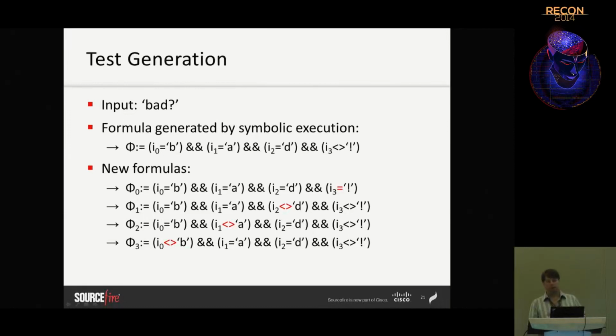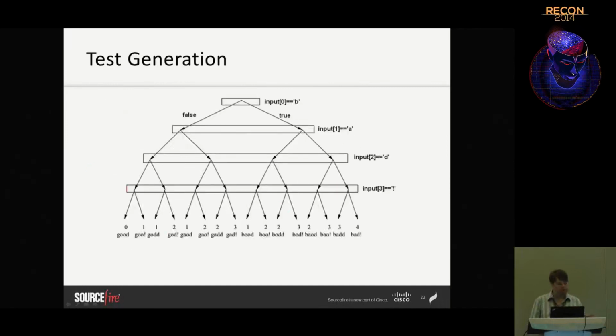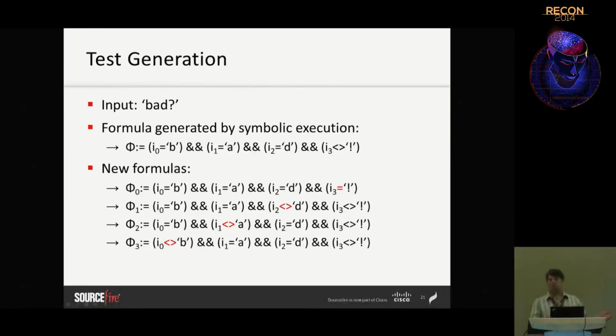So in that canonical example, once again, we were looking for a precise set of bytes that was BAD exclamation mark. And we can see here that we have a formula that represents that the input, the first byte was equal to B, second byte was equal to A, third byte was equal to D, but the last byte was not exclamation mark.